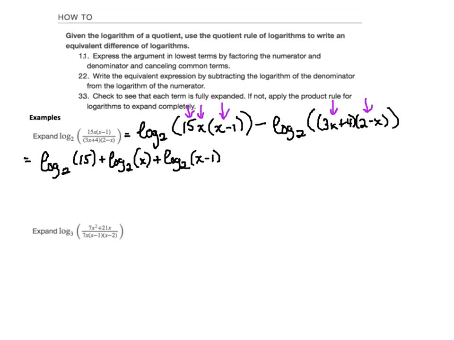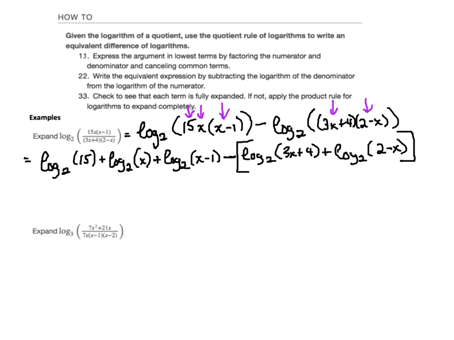And that whole thing is being subtracted by log base 2 of 3x plus 4 plus log base 2 of 2 minus x.